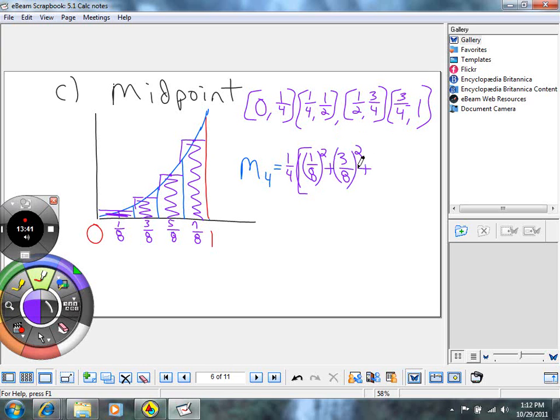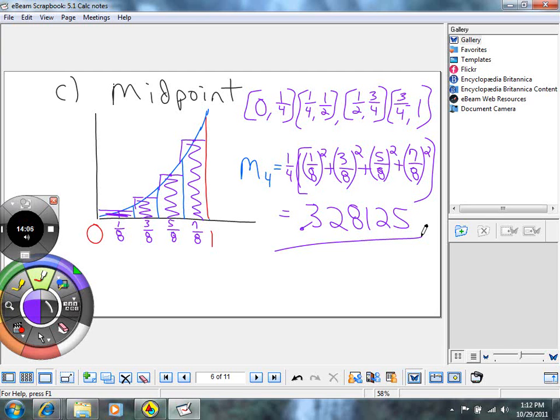All right, and then 5/8, and then to get the height of this one, we do 7/8 and square it. All right, cool deal. Well, when I did the midpoint, I got 0.3282125. So check those out. You make sure I did the calculations right.